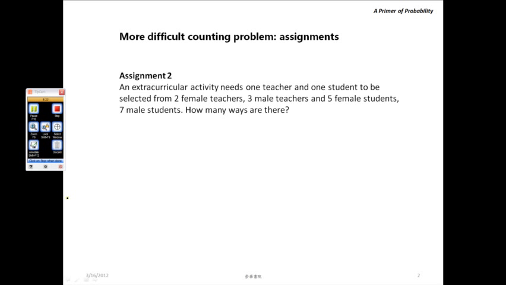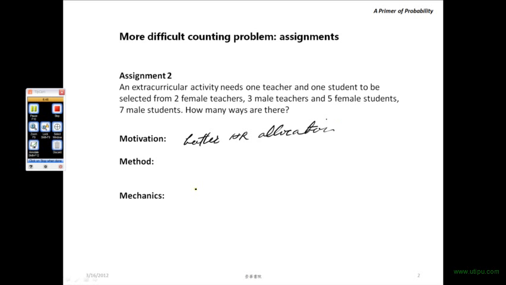Using our 4M approach, the motivation might be appropriate human resources allocation.